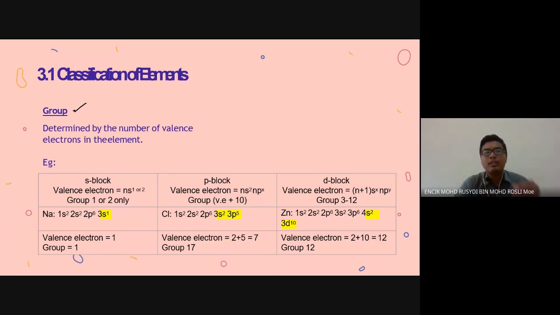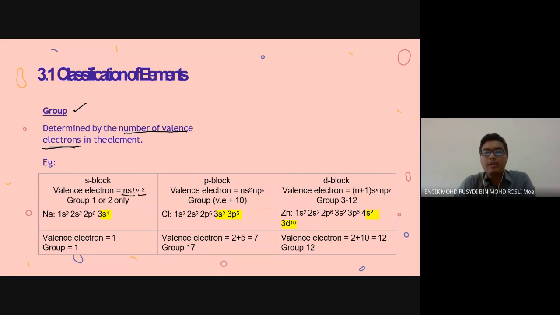Okay, so to determine the group, we have to look at the number of valence electrons in the element. Okay, so valence electron ataupun elektron yang terletak at the highest ataupun at the outermost shell. Bilangan dia berapa? Okay. So for S block, valence electron dia it's either 1 or 2 only.